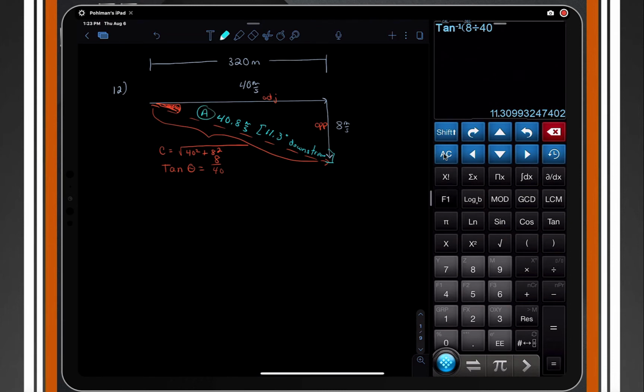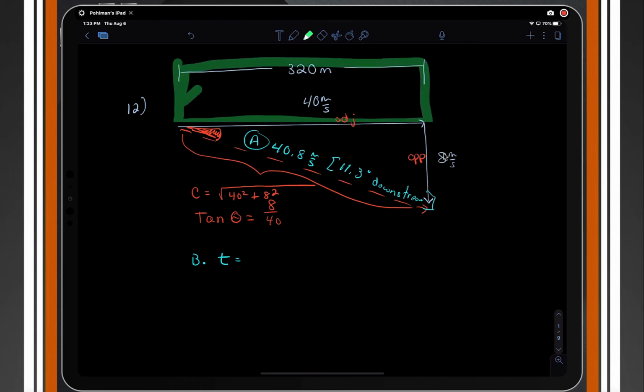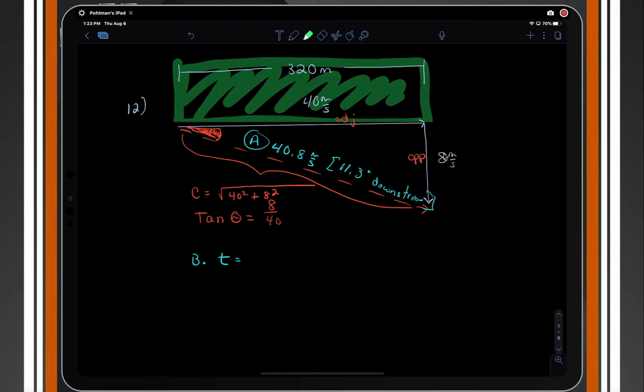So what other type of questions could I ask you with this? Well, part B says, how much time does it take to get across the river? Now, since it's talking about getting across the river, what we need to do is think about only this across information right here. You don't want to think about downstream because we're looking at the time to get across the river.